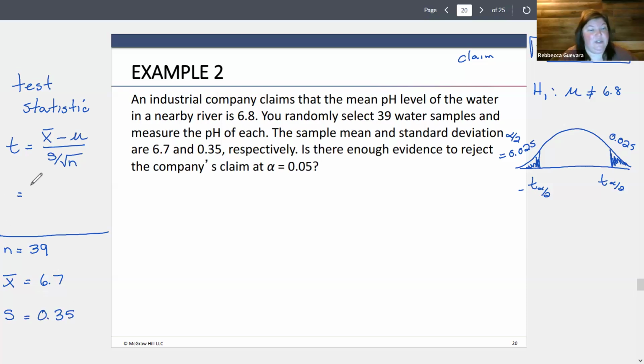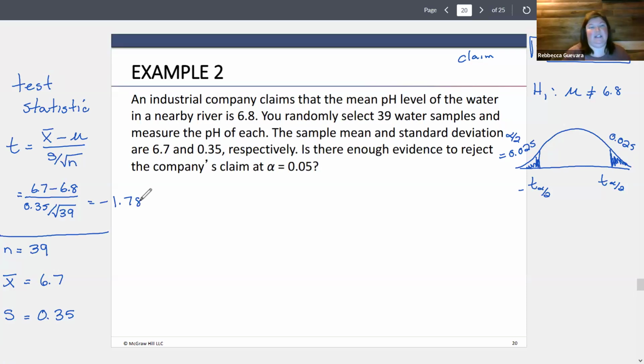So T is 6.7 minus the mean from the hypothesis test, 6.8, divided by S, 0.35, divided by the square root of N, which is 39. So 6.7 minus 6.8 divided by 0.35 divided by the square root of 39 gives me negative 1.78.